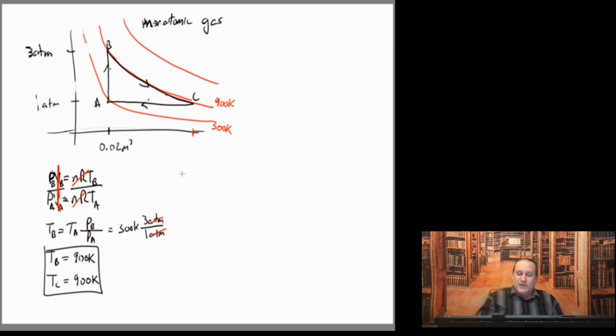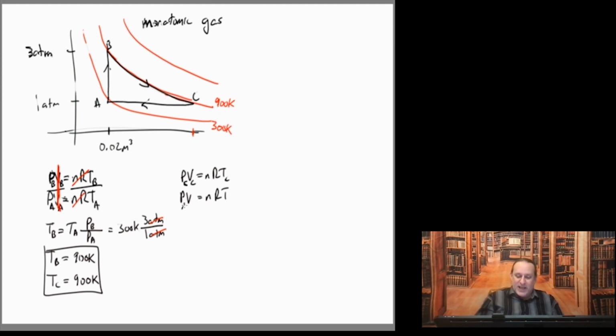So again, we use the ideal gas law. PV equals nRT. We write it twice, stacked on top of each other. I'm trying to solve for VC, so I'll put the C's on the top. And I can pick B because they're connected on an isothermal line, or I can pick point A because they're connected on an isobaric line.